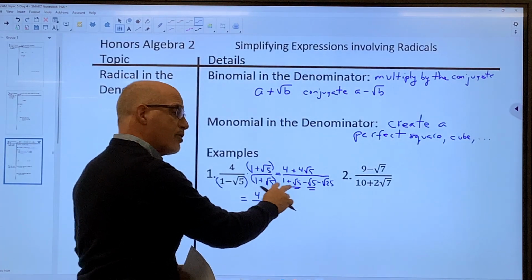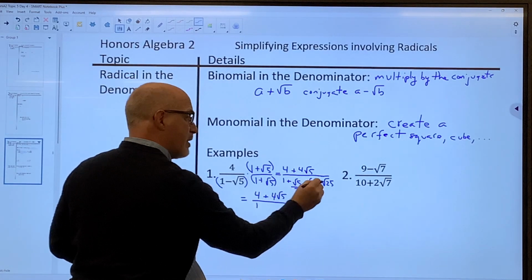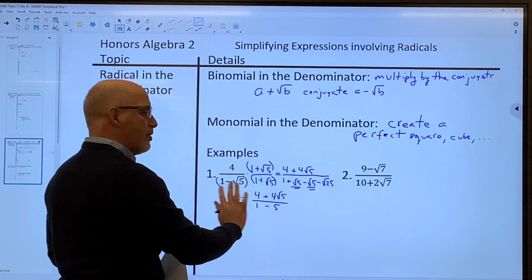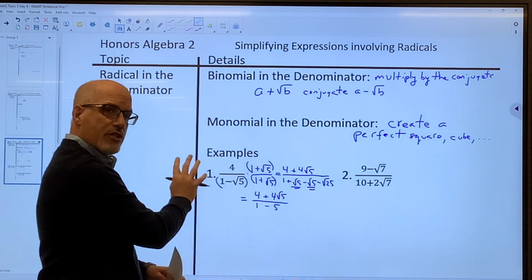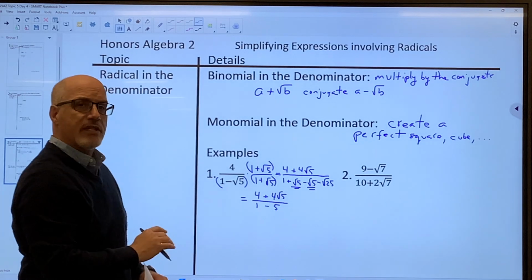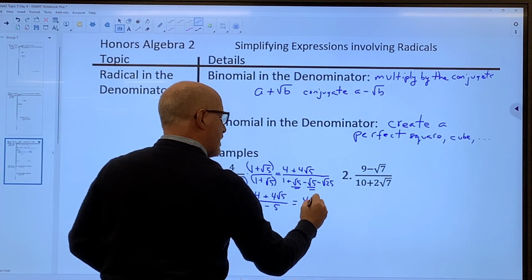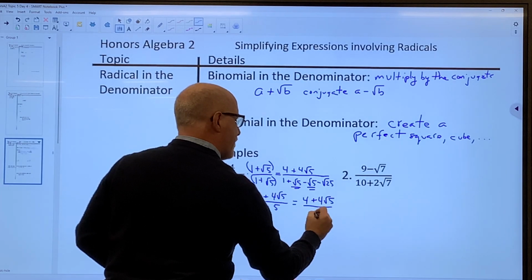And notice these two, they're gone. They eliminate each other. Whereas in these other two, that square root of 25 is just equal to a 5, no more square roots. This fraction has the same value as our original, but has no square roots in the denominator. Now let's simplify. You've got 4 plus 4 square roots of 5 over negative 4.